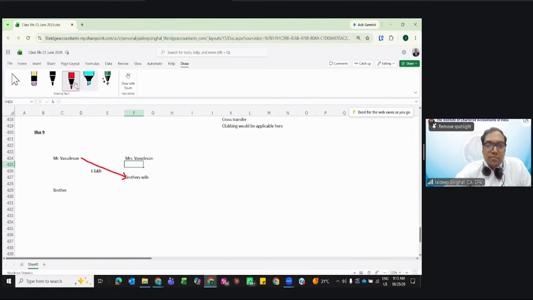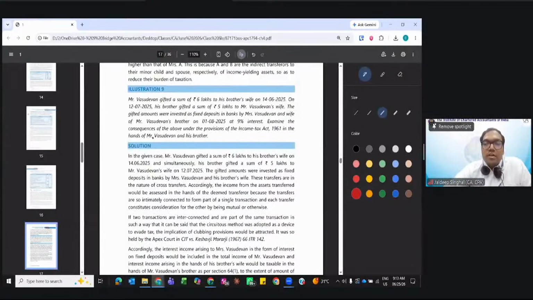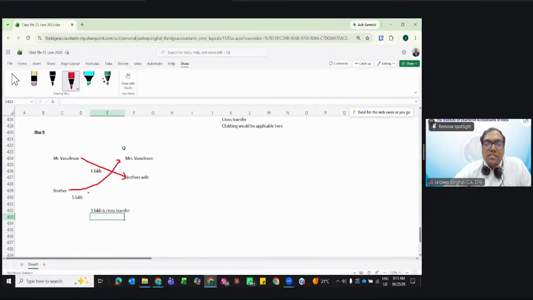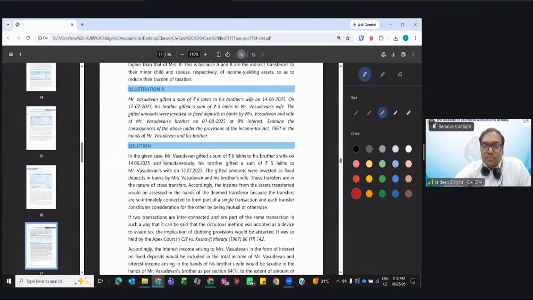Tell me how much is the cross transfer? The 5 lakhs is a common deposit in the bank by Mrs. Vasudevan and the wife of Mr. Vasudevan's brother, on which 9% interest is there. These amounts are invested in the bank at 9%.